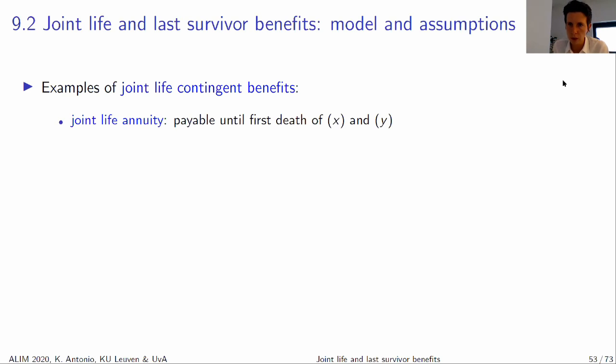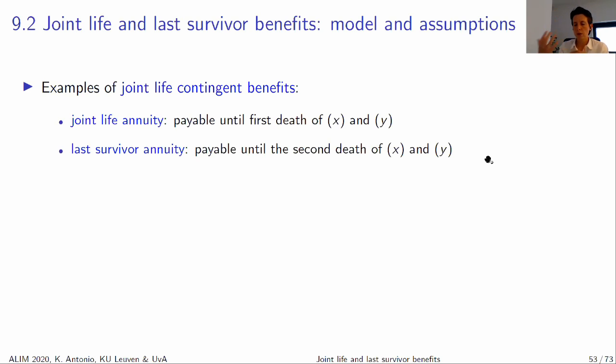So it goes on as long as both are alive. At the first death, this annuity would stop paying an income. Another construction that you can think of is the last survivor annuity. That is payable until the second death of X and Y. So here the income goes on as long as one of the partners is alive.